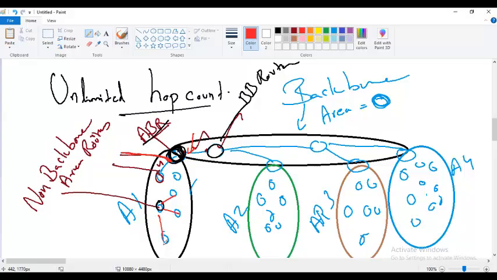We have the area ID. Not only that, we have the router ID. We just saw what is the area ID. We also have the router ID. What is a router ID? It is like a name given to a person.